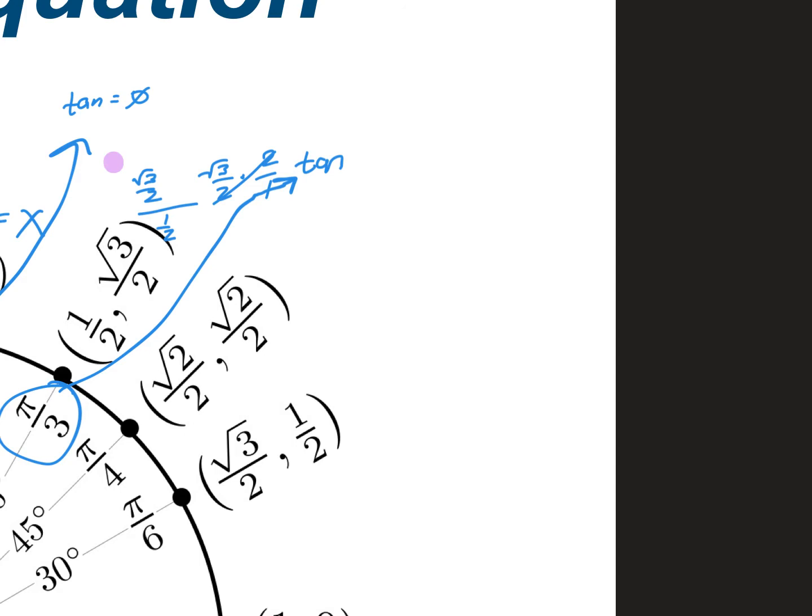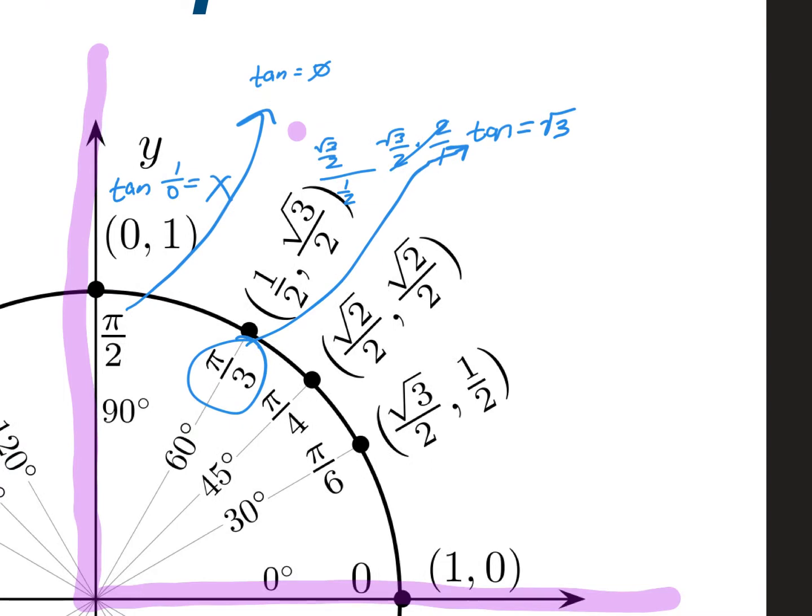What happens to the 2's? They cancel out. So your tangent here is root 3.